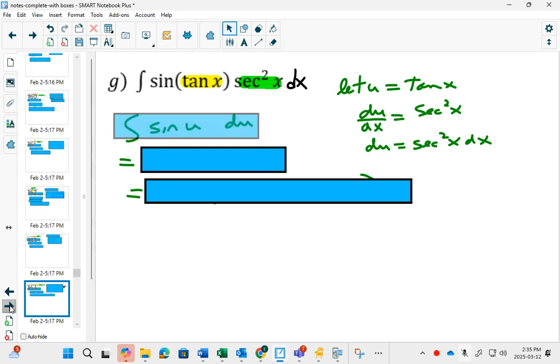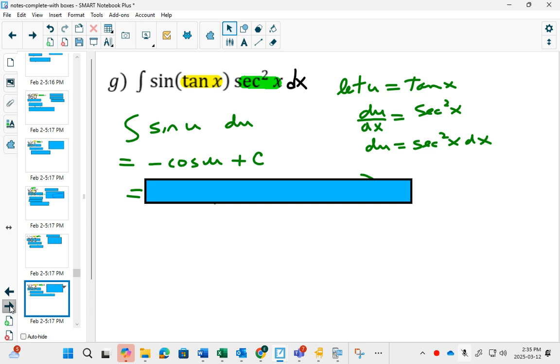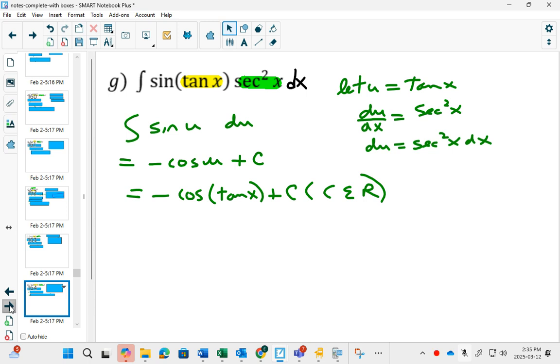And then this simplifies nicely to sine u, which this time we need the negative. And you can substitute back. And again, anytime you're wondering what you should have done, you can always take the derivative afterwards and check.